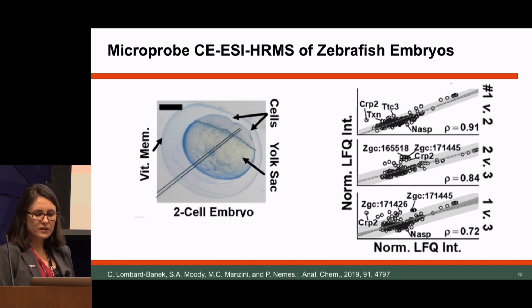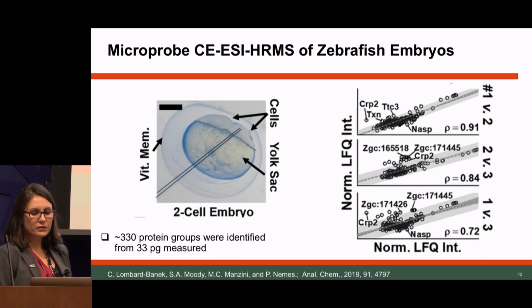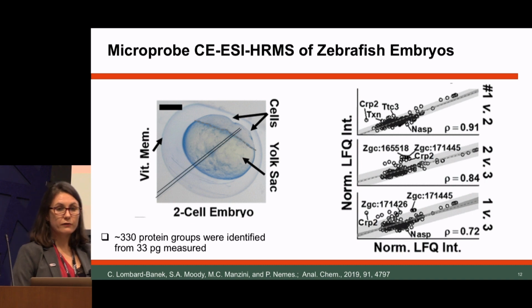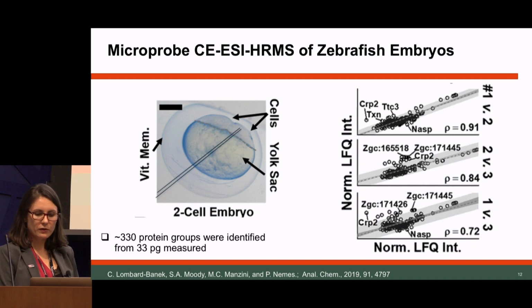Still, from zebrafish you get way less protein amount than from Xenopus. Here the analysis is from about 33 picogram of total protein amount, and we were still able to identify a good 300 proteins from those embryos.